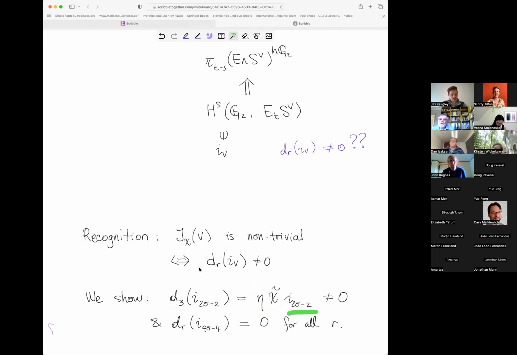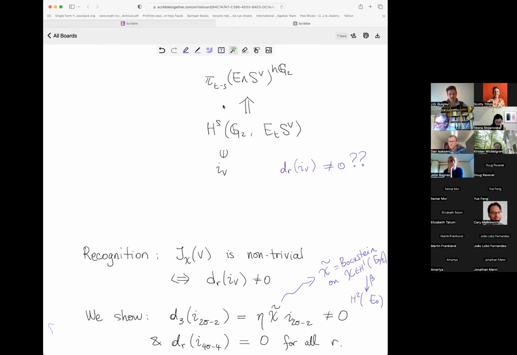Eta is the Hopf map eta that we all know and love, and chi tilde is the Bockstein on the chi we talked about. So chi was in H1 with coefficients in E0 mod 2. The Bockstein then takes us to H2 of E0, which is something that lives in there.